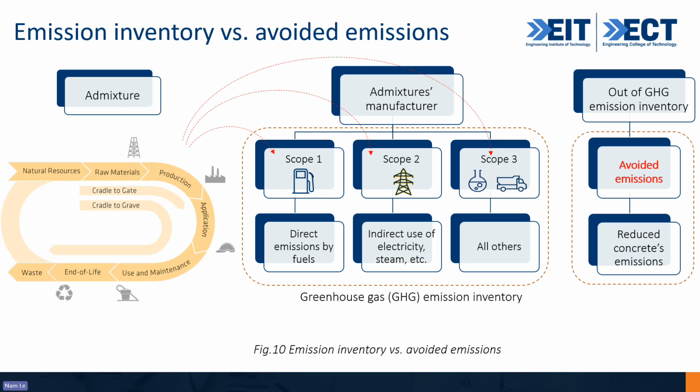But with this greenhouse gas emission inventory, you need to be responsible for this one. And for this one, you need to optimize formulation, optimize all the manufacturing processes so that you can reduce the emission of the company, right? And this one is scope 1, scope 2, and scope 3.